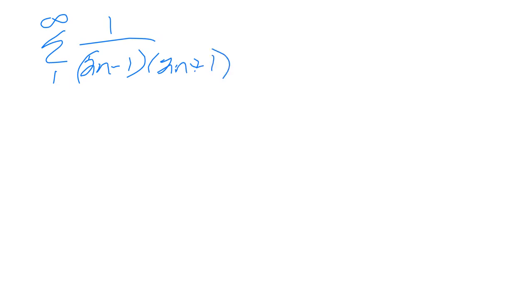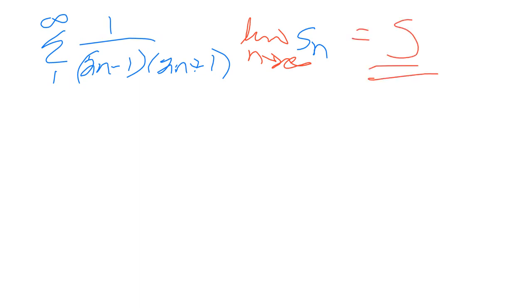We're trying to figure out what the nth partial sum is in terms of n. Then we can take the limit as n goes to infinity of that nth partial sum and see if it exists and equals some value s, which would be the limit the sequence approaches, and it would be convergent.